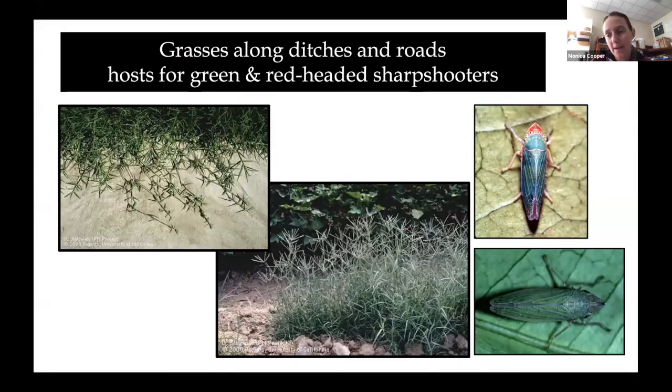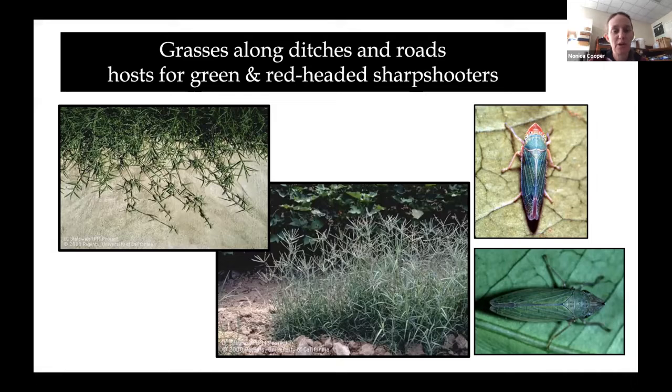And don't forget that blue-green sharpshooter is not our only vector species in the North Coast. So things like the red-headed and green sharpshooter are going to have main alternate hosts that are grasses. And so areas that have a grassy ditch or that may be near a golf course, those can also be alternate hosts and alternate places where a refuge for the red-headed or the green sharpshooter.